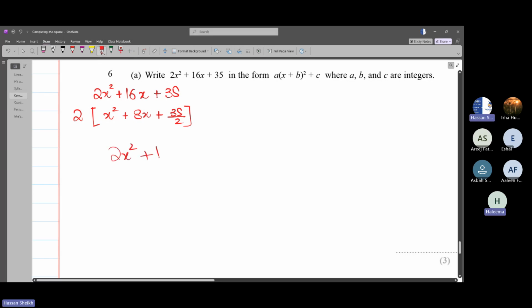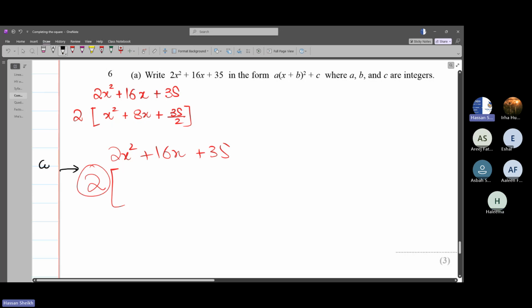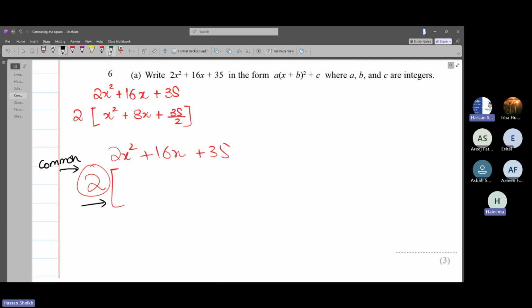2x square plus 16x plus 35. We are taking 2 out of the bracket. So obviously, you know this 2 is common. Writing in the bracket means to take it common. Out of 2x square, what are we left with if 2 goes out? x square.